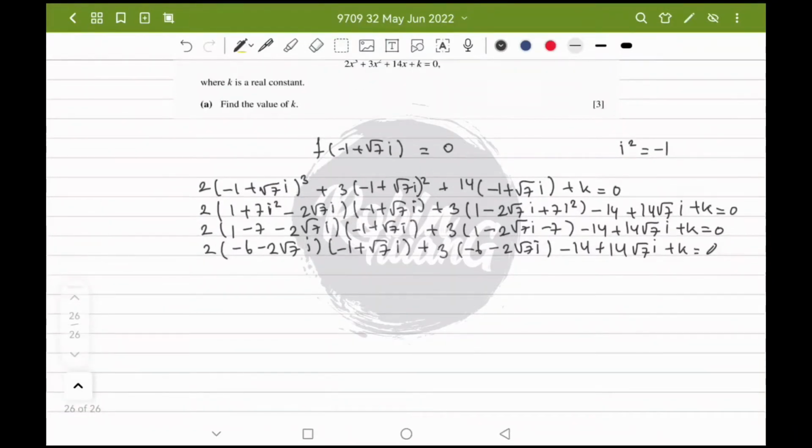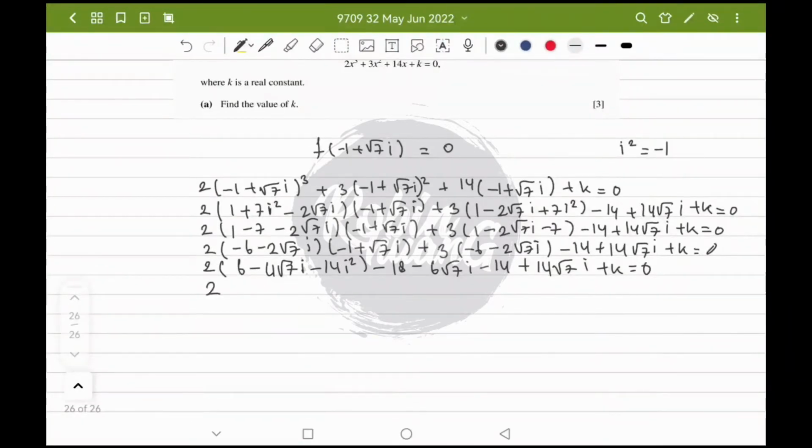So now we have 2 times (6 minus 4 square root of 7i minus 14i squared) minus 18 minus 6 square root of 7i, and then minus 14 plus 14 square root of 7i plus k equals 0.